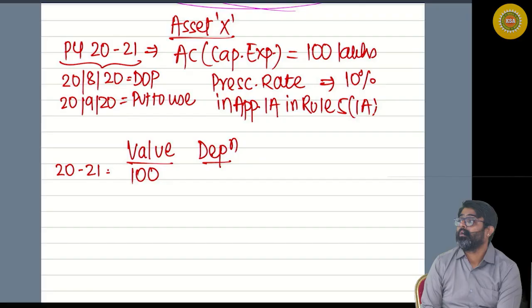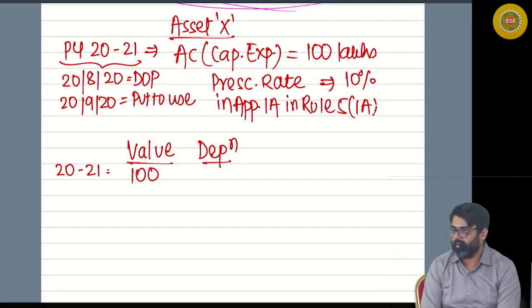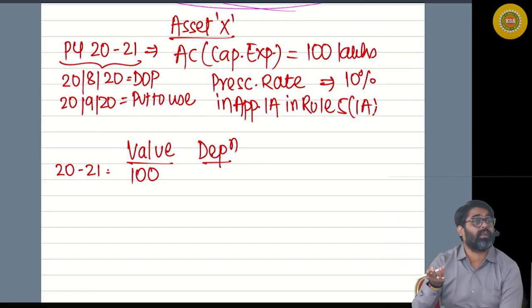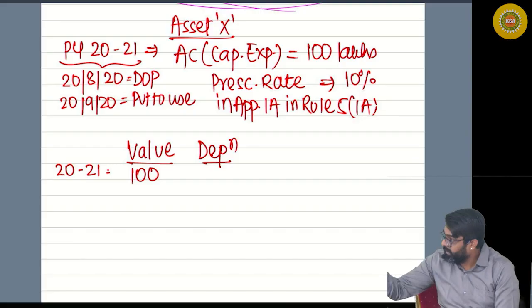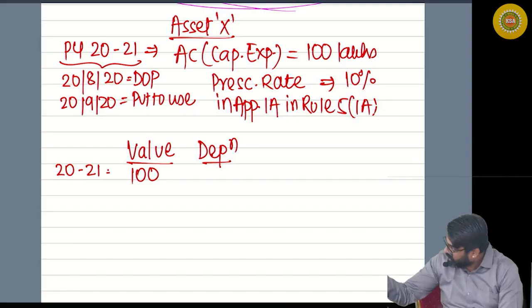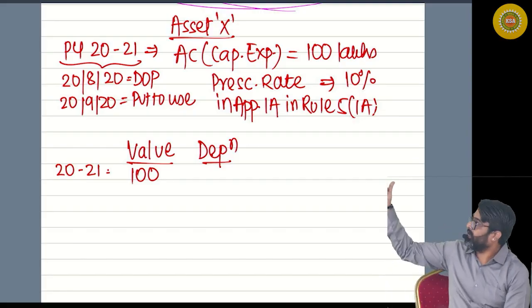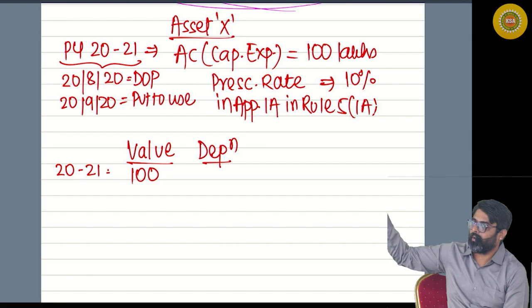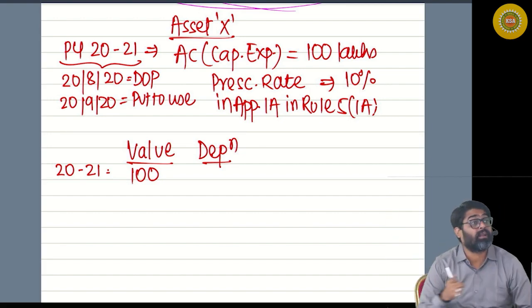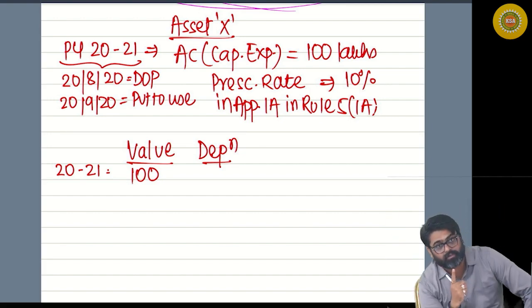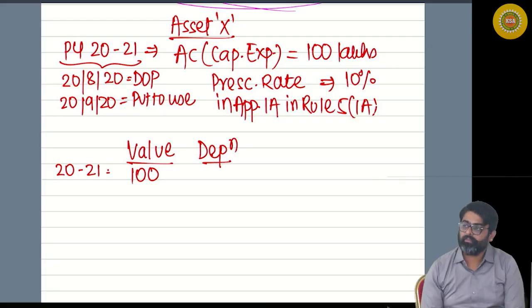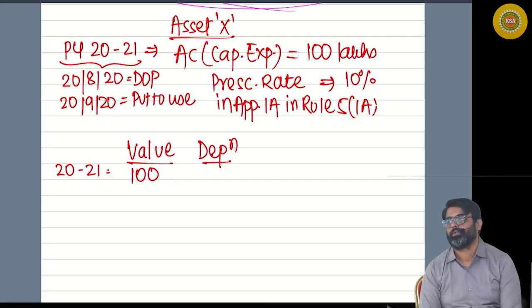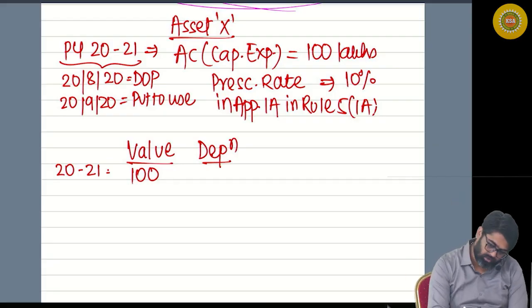Since the assessee is engaged in the power business, on the cost of that individual asset the prescribed rate will be applied, and the depreciation will be calculated and claimed on SLM basis. So tell me, the depreciation will be how much? 10 lakhs.